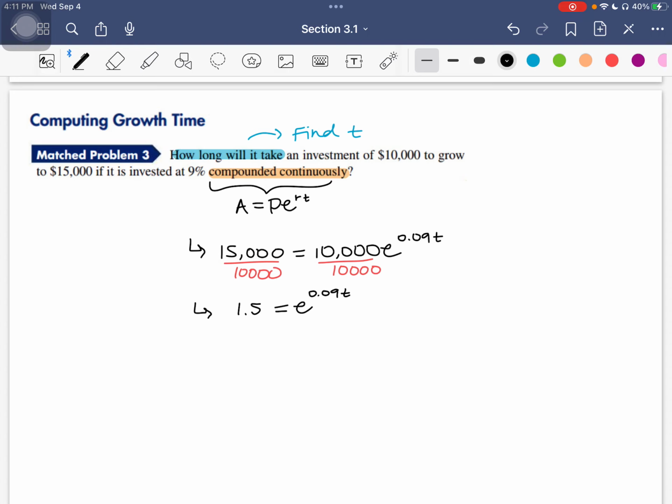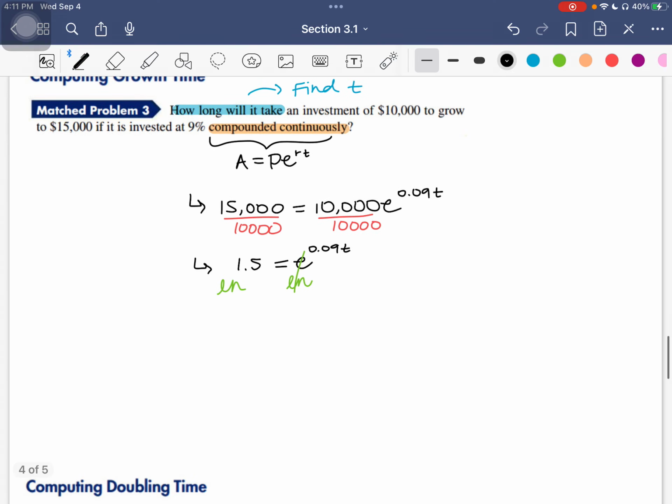Now remember, our natural log function is the inverse of our exponential function, so we can just take ln of both sides, and these guys will cancel. So then we're left with ln of 1.5 is equal to 0.09 times t. So when this cancels, these exponents come down. So we saw this in chapter 1.